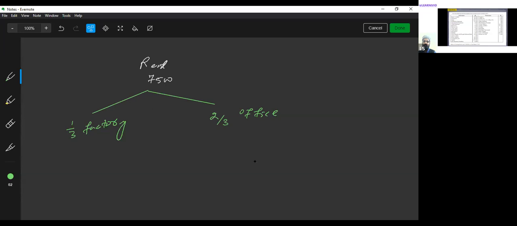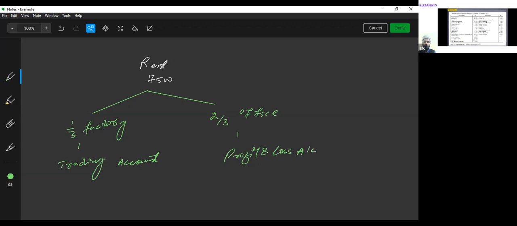So the rent which is related to the factory should be recorded in the trading account. And rent which is related to the office should be recorded in the profit and loss account.